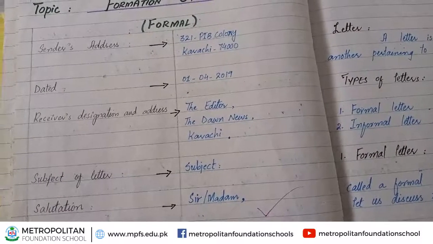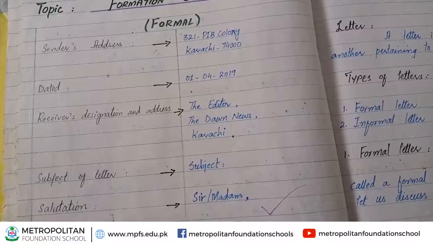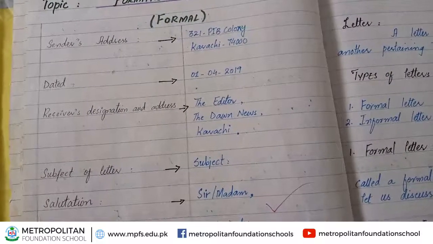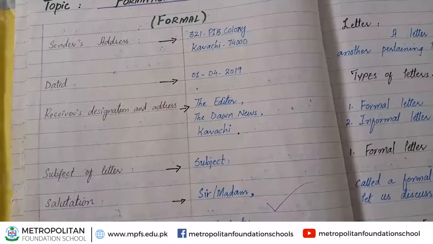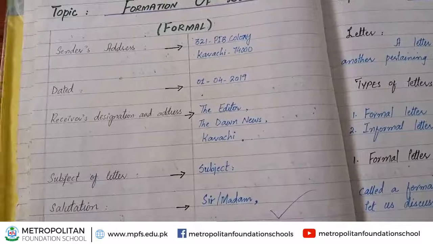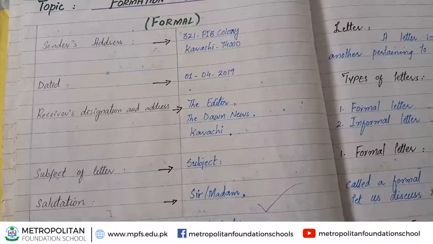For example, you can use 14th May 2019, or you can use May 14, 2021, like this. So it's up to you which format you are going to use for the date.